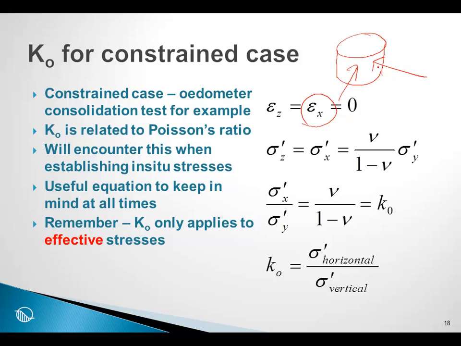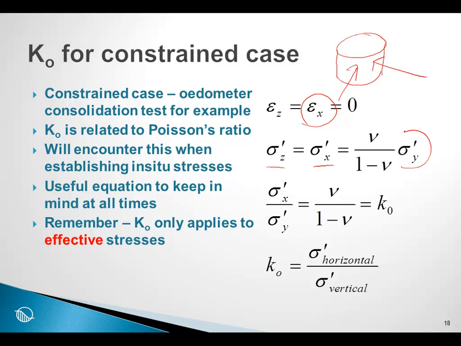In this particular case, we know that the stress Z is equal to the stress X effective. It becomes equal to Poisson's ratio divided by 1 minus Poisson's ratio times the stress in the y direction.